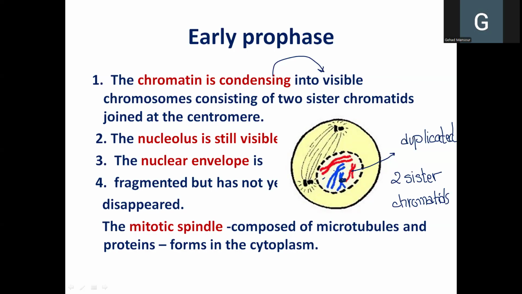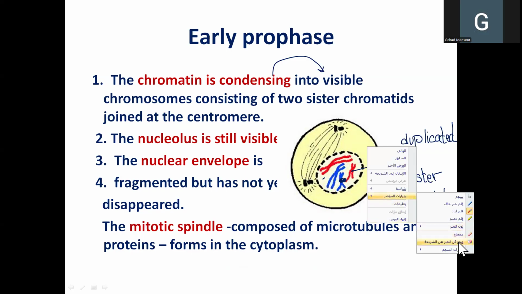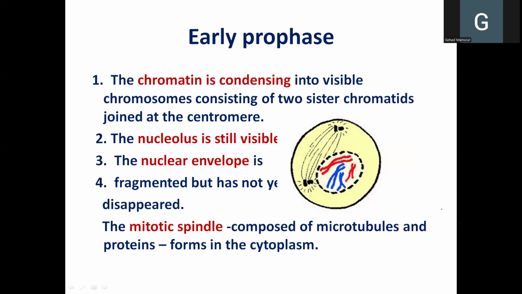And take care not to mix up the word centromere and the word centrosomes. But we can still see the nucleolus. In the stage of early prophase, we can see the nucleolus. Maybe it's not visible here on the diagram, but under the microscope, it should still be visible.